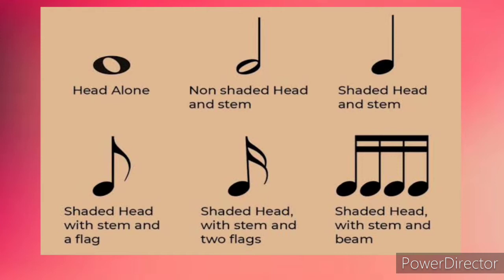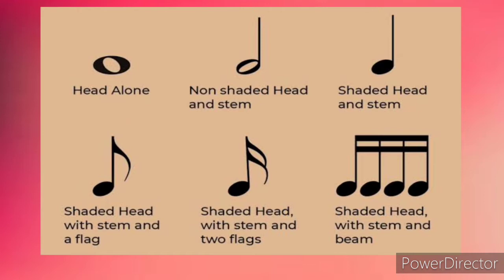Now we have the 5th one. It is known as the semiquaver. It's a shaded head, a stem, and 2 flags. Then the last one is what we call the demi-semiquaver, or we call it the 32nd note. It has a shaded head, a stem, and 3 flags.